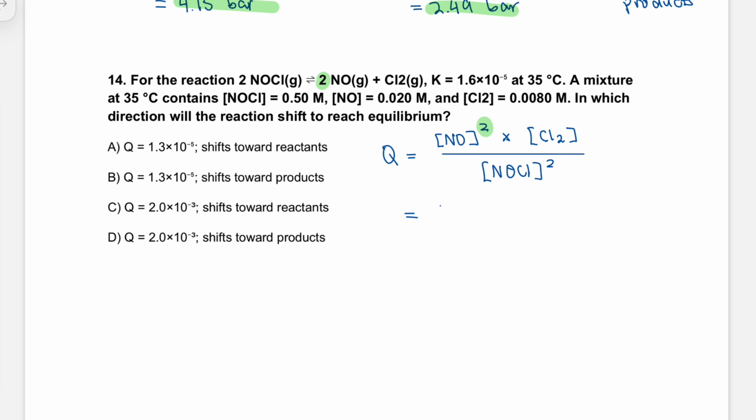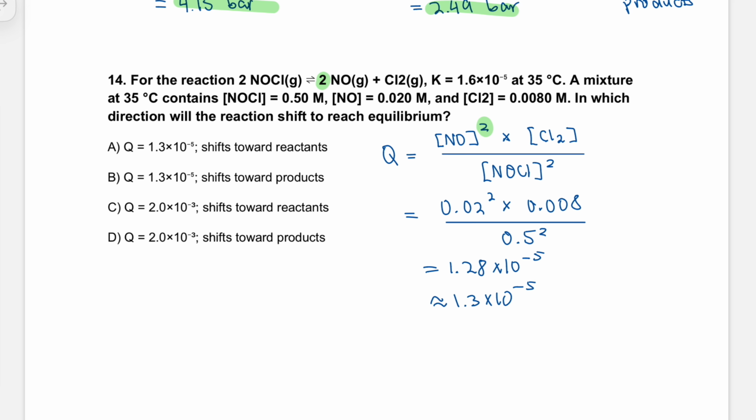So this is 0.02 squared times 0.008 over 0.5 squared. And we get 1.28 times 10 to the negative 5, or 1.3 times 10 to the negative 5.